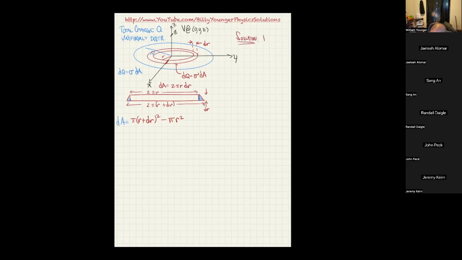Obviously, dV is equal to dQ over 4 pi epsilon naught R. So I've already told you that dQ, well, I used a big Q, so let me stick with that. dQ is equal to sigma times 2 pi r dr. In fact, I can use this idea that Q is uniformly distributed to say that sigma is essentially equal to Q over pi R squared. So we can use that later if need be, and I will, of course.